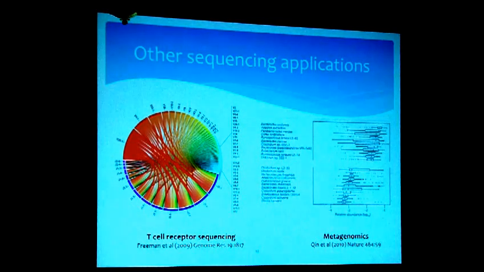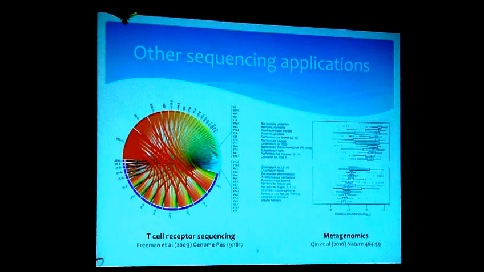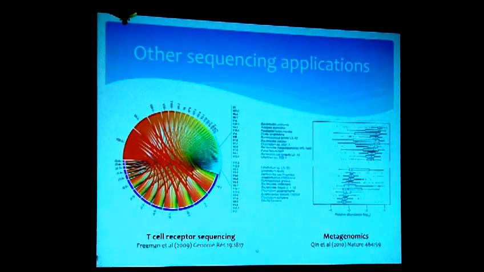Thanks for your questions so far on that. Can you do this receptor sequencing on single cells? So the question was, can you do this T-cell receptor sequencing on single cells? Yeah, there's no reason why you can't.